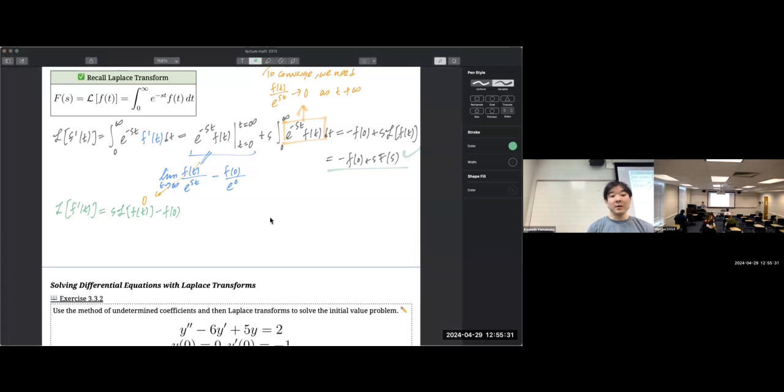So if I were to compute the Laplace transform of f double prime of t, it's like saying compute the Laplace transform of f prime of t, but that whole thing being differentiated. Kind of weird, but f double prime is the same as f prime of t with the derivative taken of the whole thing.